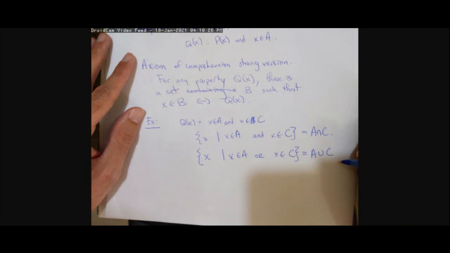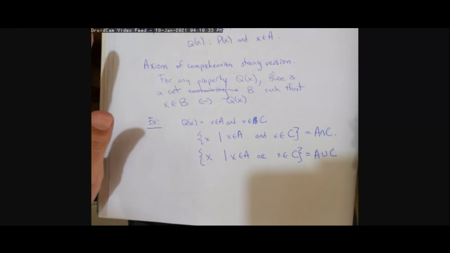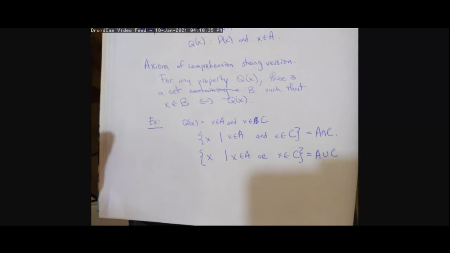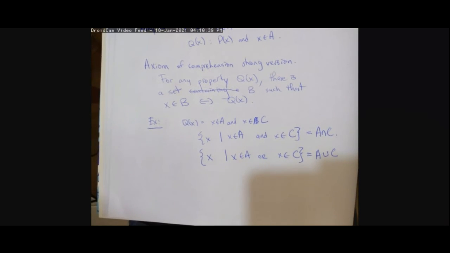This axiom of comprehension includes unions. Probably anything you could ever want to do with sets, you can do with this. Well, a lot of things that you want to do, you do with this axiom.